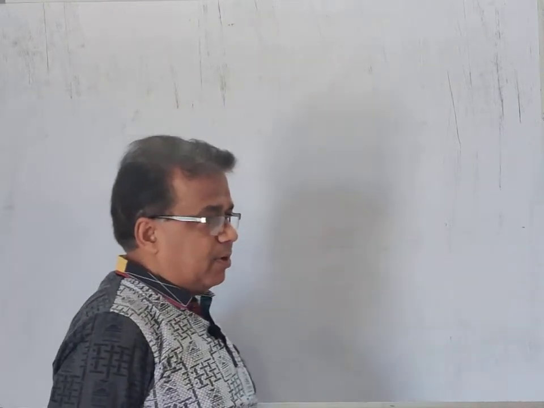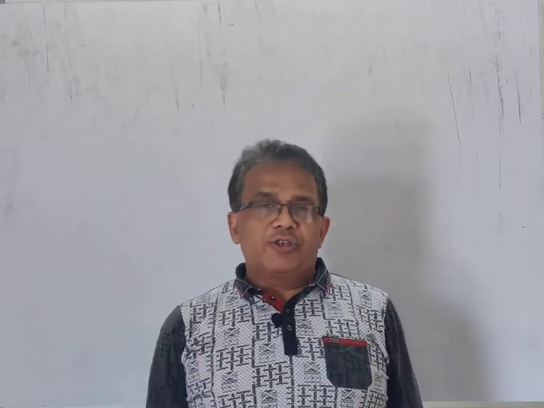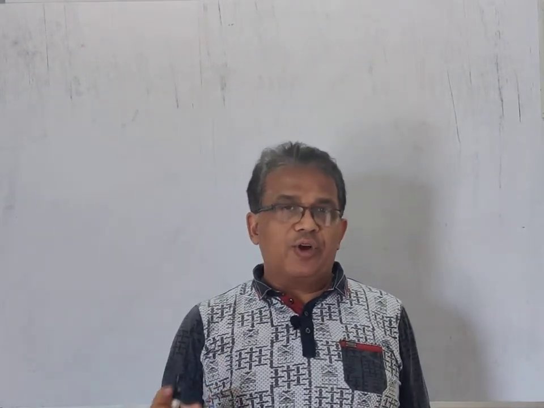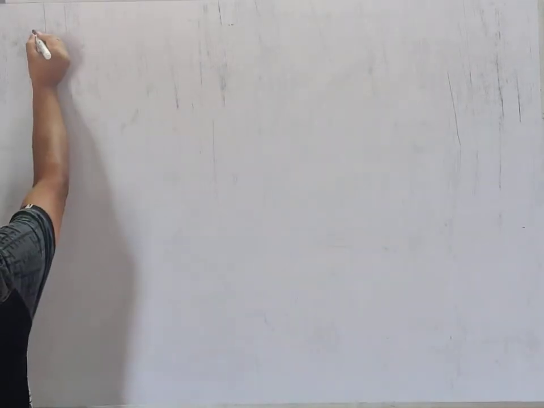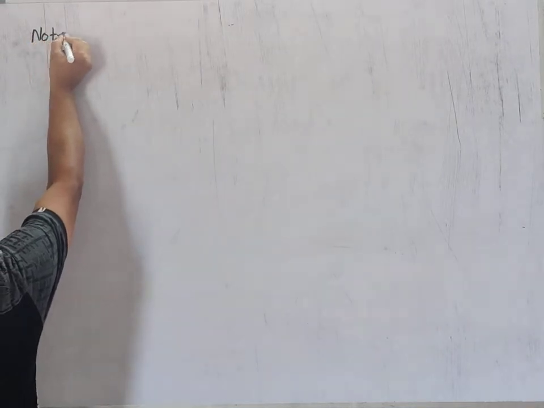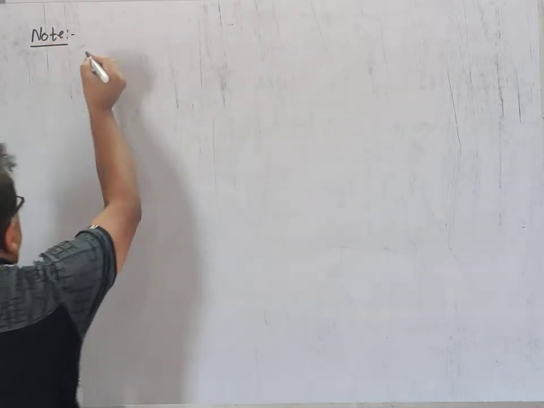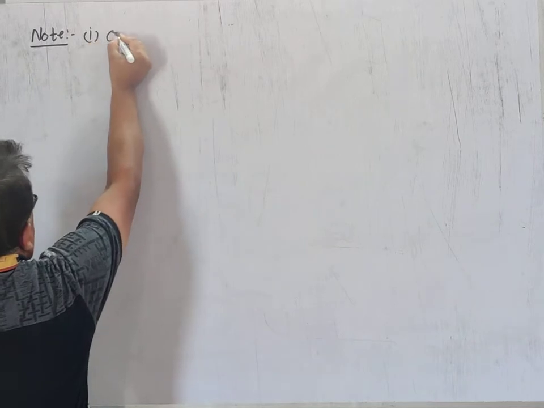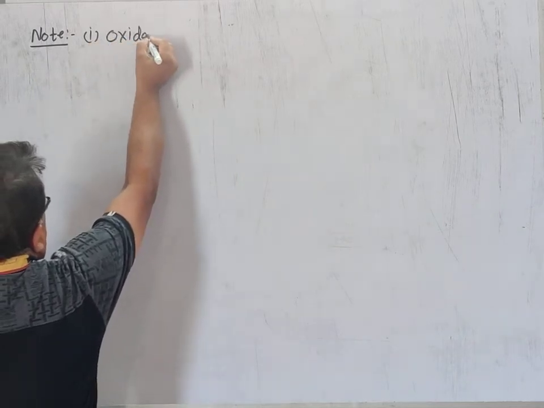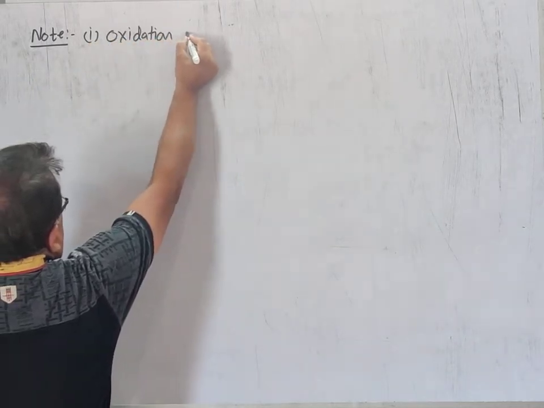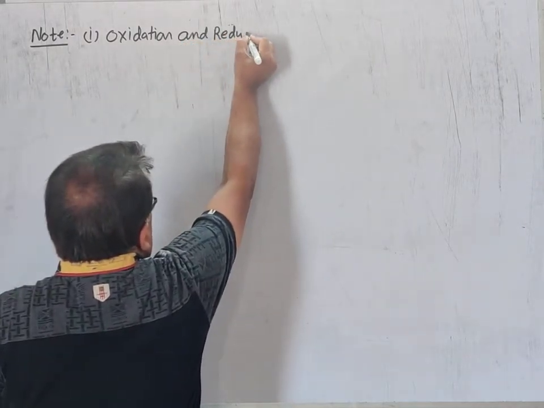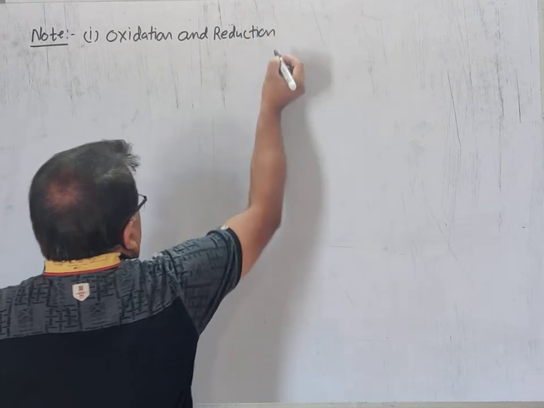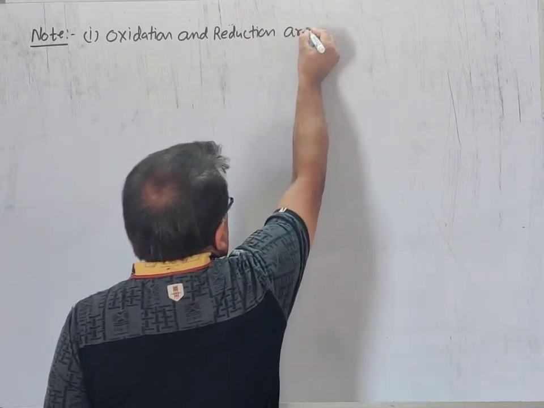We have to remember that oxidation and reduction occur together. They are opposite to each other. So number one, oxidation and reduction are opposite of each other.